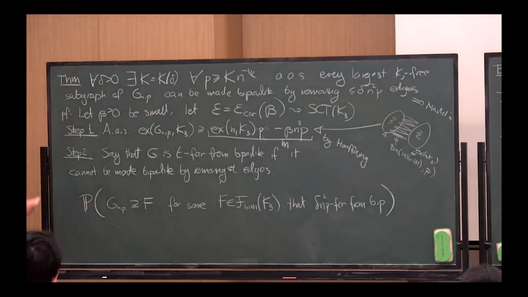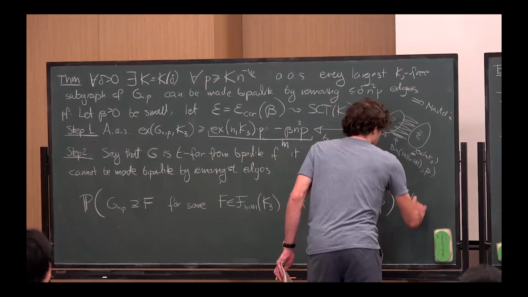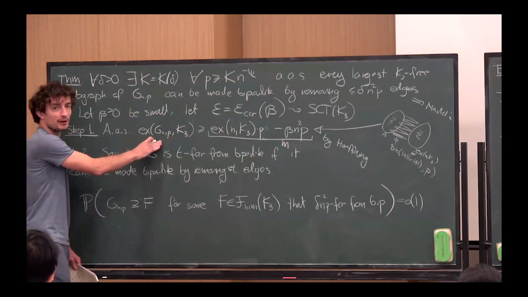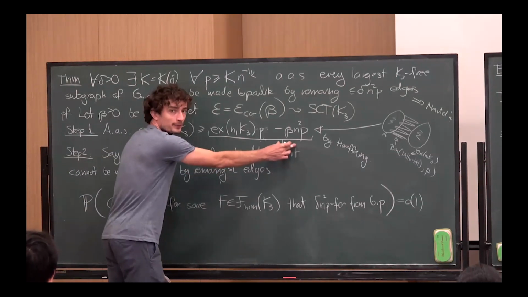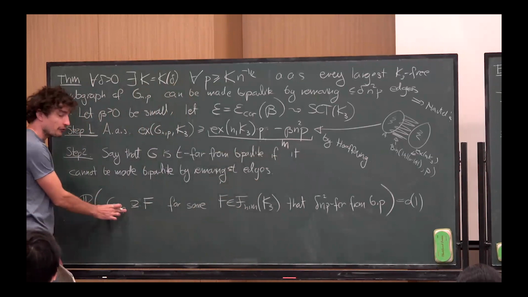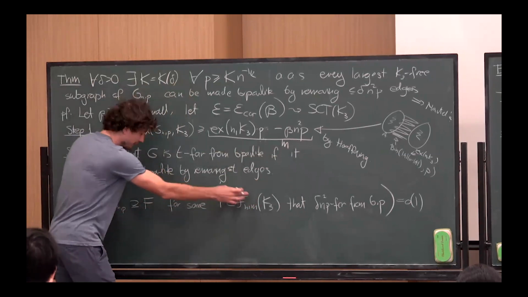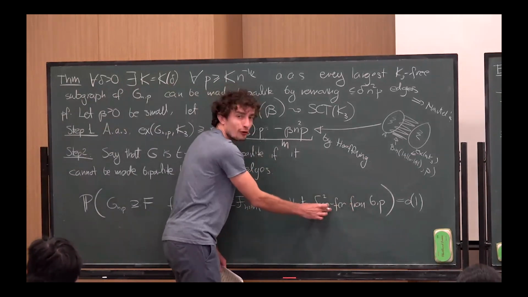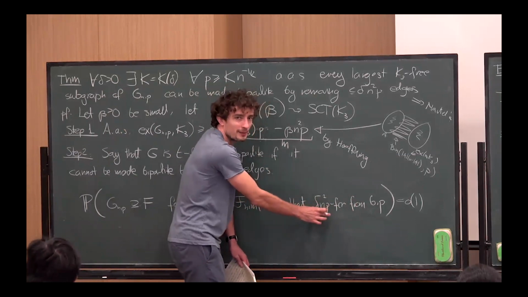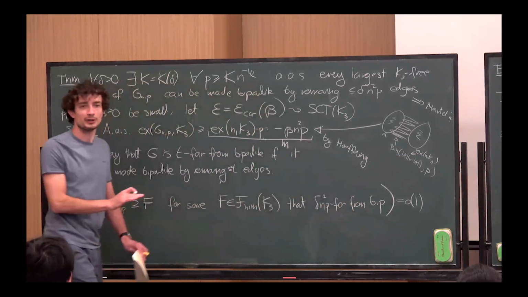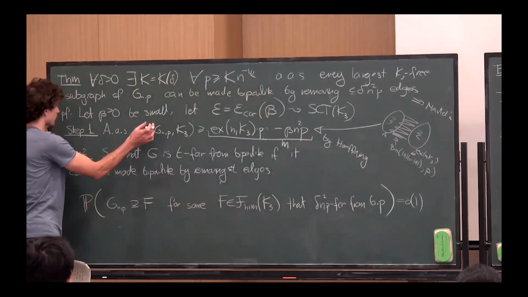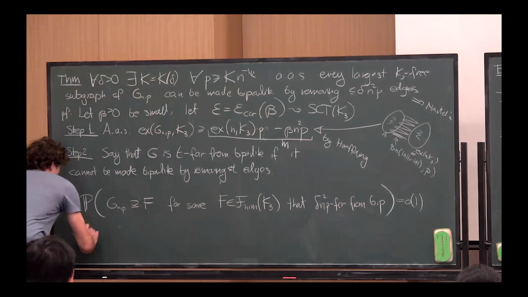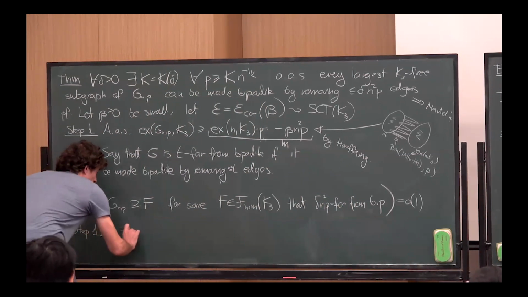Why would it be enough? We want to show that this is small. By step 1, we know that the largest triangle-free subgraph has at least m edges. Now, if we further know that every triangle-free graph with m edges contained in G(n,p) is not delta n squared p far from bipartite, then we can remove some delta n squared p edges to make it bipartite, and we're done. So just the intersection of the events from step 1 and step 2 gives us the conclusion. So steps 1 and 2 give the conclusion.